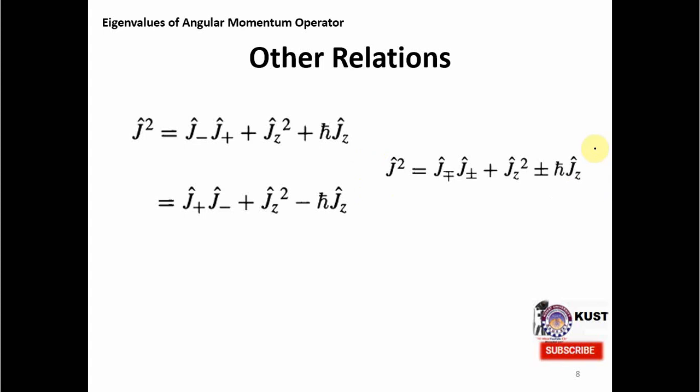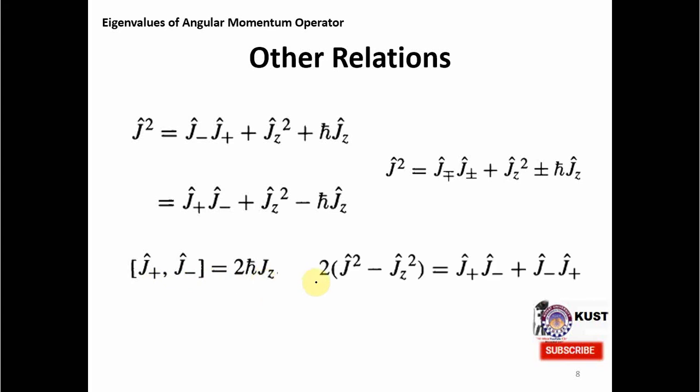This is another very important property which we will use and which will help us in deriving the eigenvalues, so just note it. We will also derive one of them, and the other one will be an exercise. The other property is the commutation relation of j plus and j minus, which is equal to 2 h bar jz, and 2 j square minus jz square is equal to j plus j minus plus j minus j plus.